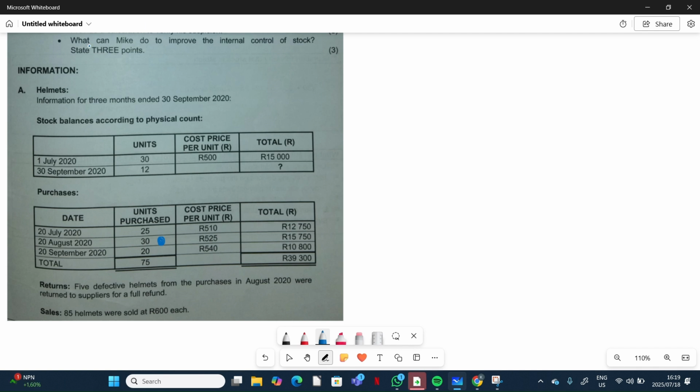So now, first question, what did they ask us to do? They asked us to calculate the value of the closing stock. So let's do that. Value of closing stock. Right. So how can you get the value of the closing stock?